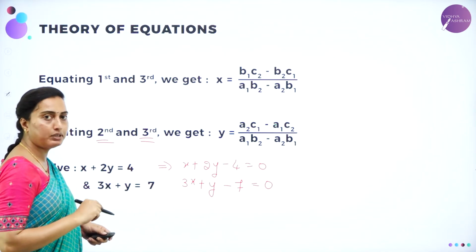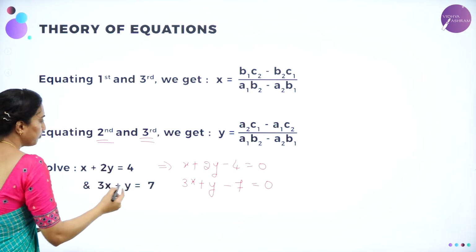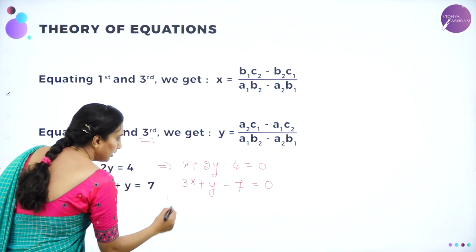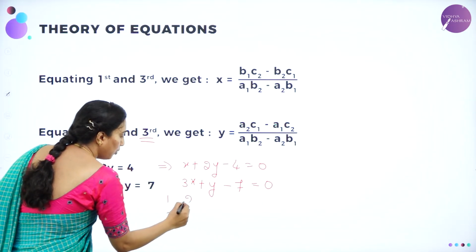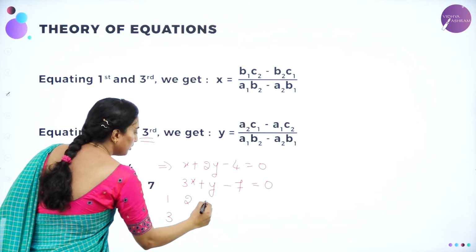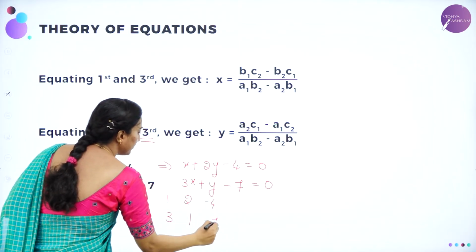Therefore, by cross multiplication, how can we write it? Here I am writing 1, 3, then b1, b2, that is 2, 1, then c1, c2, that is minus 4, minus 7.